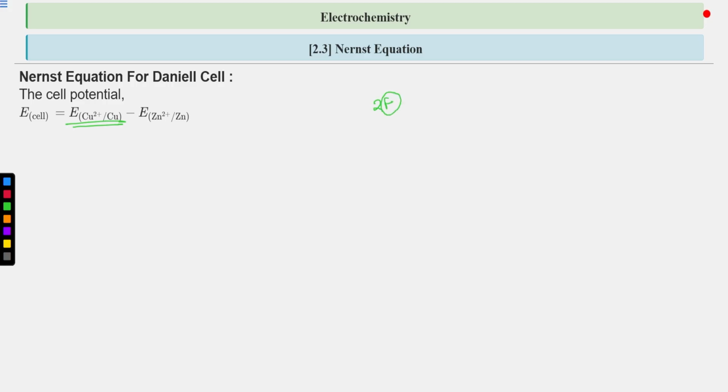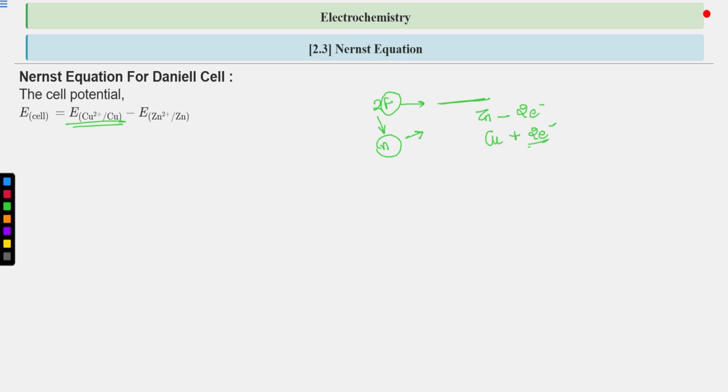F is a Faraday constant. As it is a constant, it has some value, 96487 something, and 2 is basically N. N is the number of electrons participating in our redox reaction, as zinc is releasing 2 electrons and copper is accepting 2 electrons.